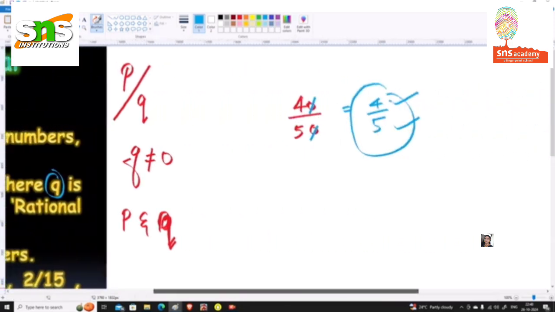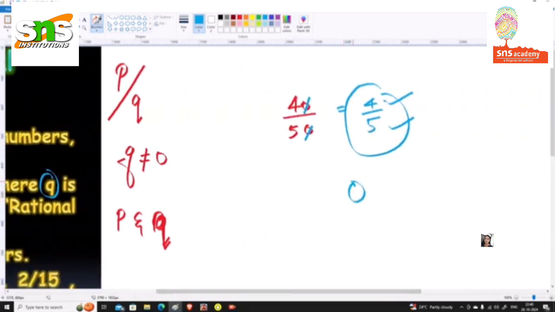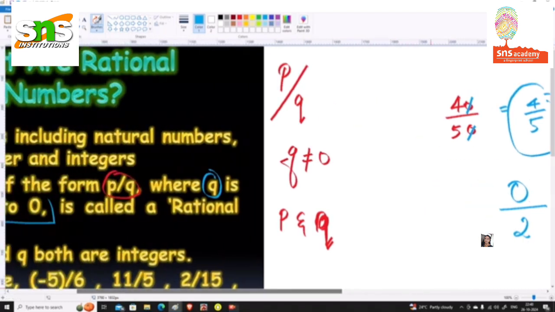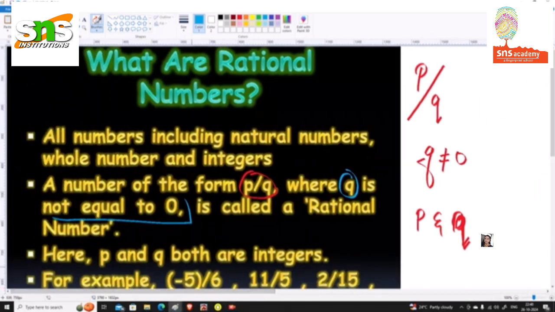What about the numerator, ma'am? Can it be 0? Yes, the numerator can be 0. 0 by 2 is 0. 0 by 3 is 0. But only one condition, the denominator should not be equal to 0.